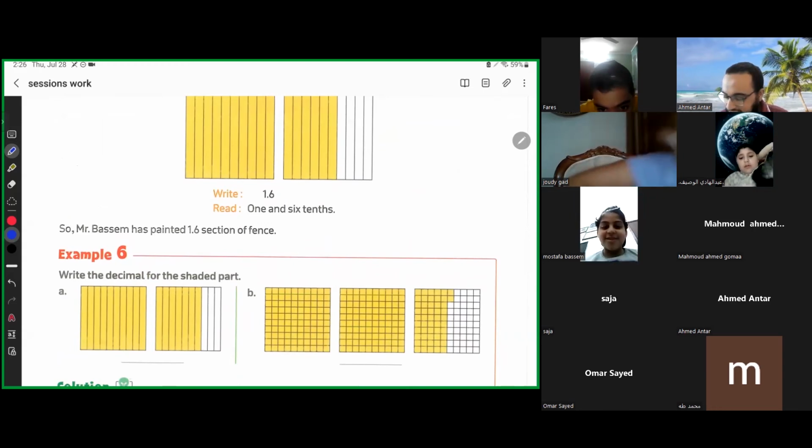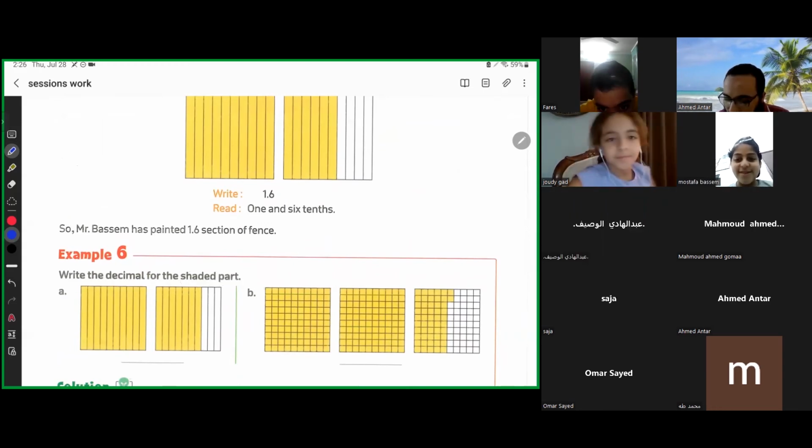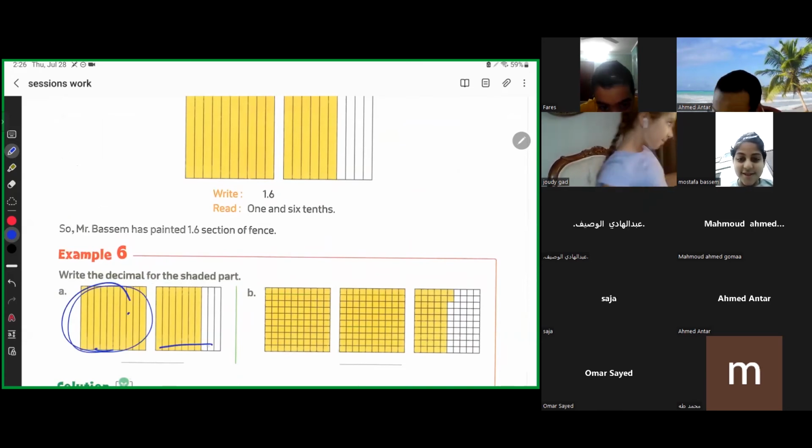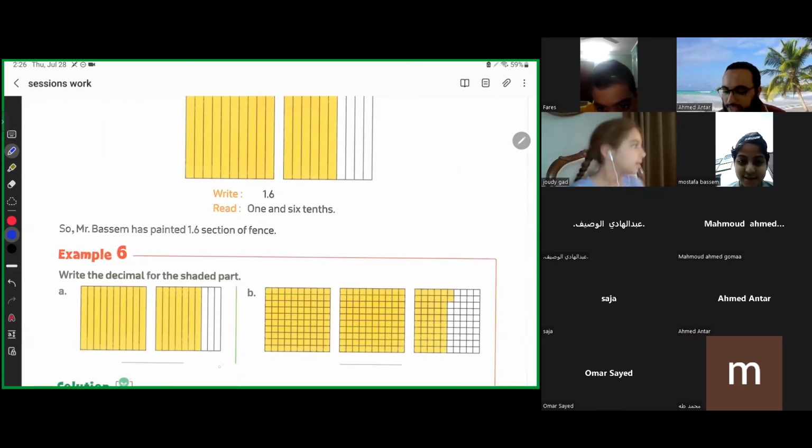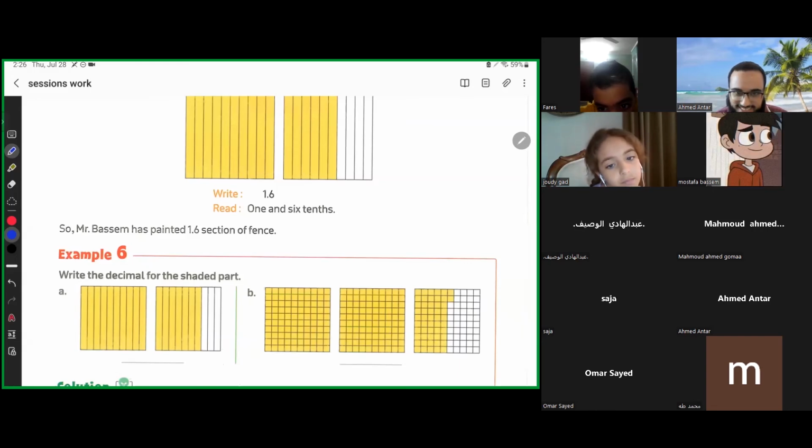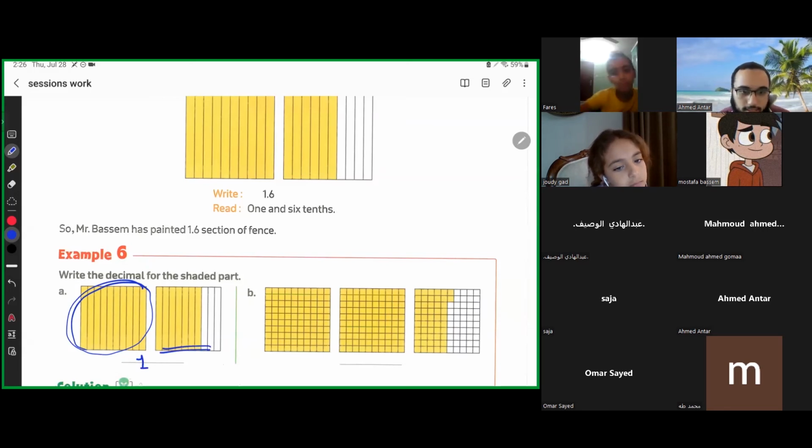Answer, come on. In this question, we have one whole and a part of the whole. So you can write it as what? This part, we can write it as what? One, very excellent. It's only one because all of the parts are shaded. One and what? You can finish. 0.7.